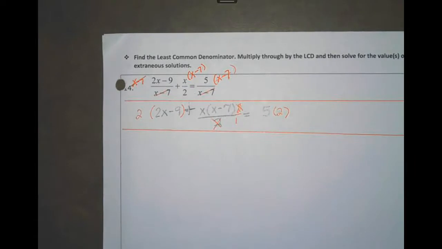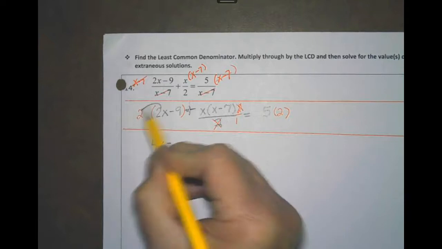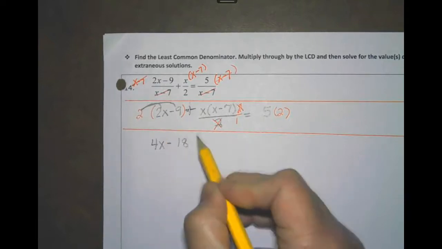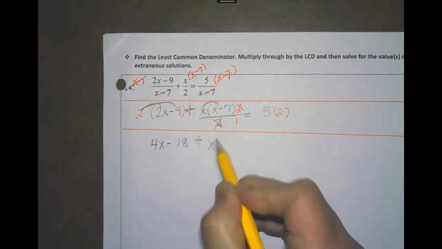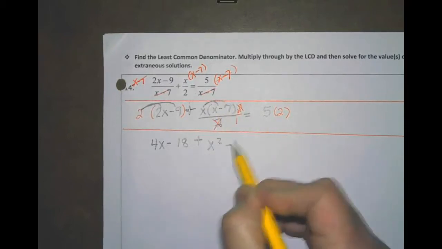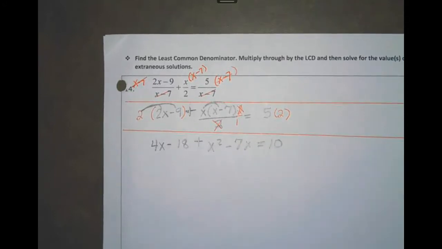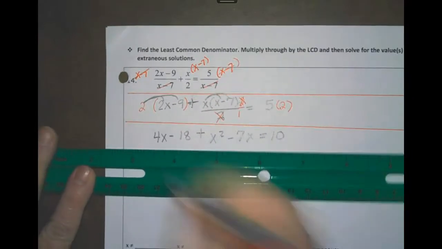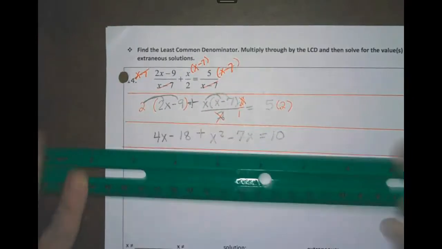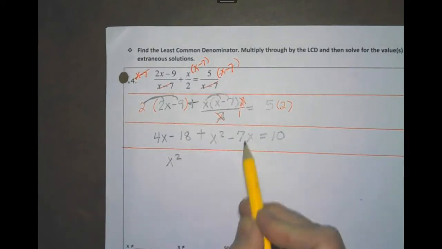Next step, distribute this 2. 4x minus 18 plus, these 2's cancel out, and I would need to have x squared minus 7x equals 10. Combine like terms. I only have an x squared here, so this is going to be x squared.